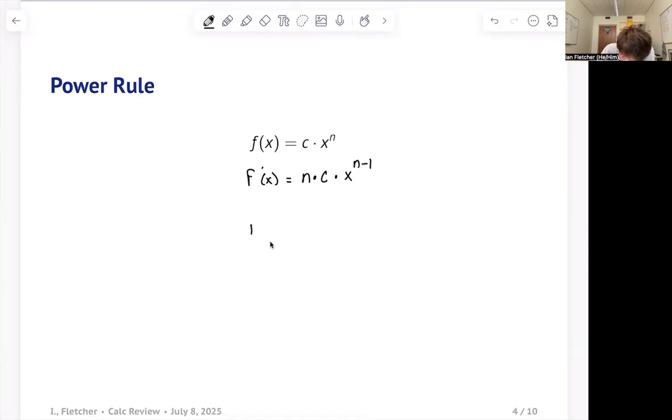So if we had something like f of x is equal to 2 times x cubed, then f prime of x should equal 3 times 2 times x to the 3 minus 1, or 6x squared.